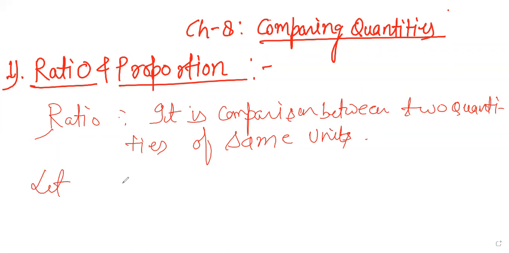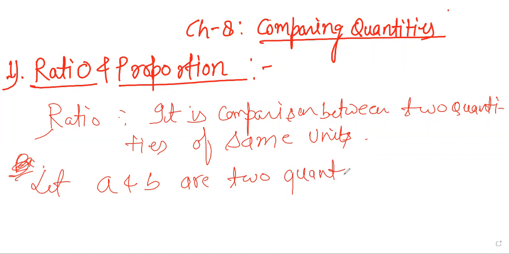And let A and B be two quantities. Don't write it as an example, because an example will be in numbers form. This is general: let A and B be two quantities of same units.